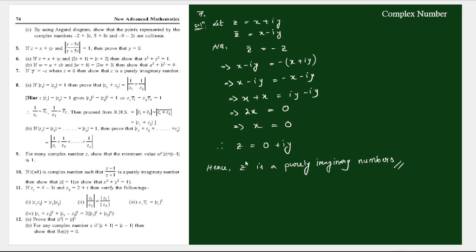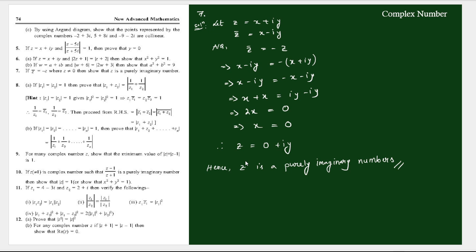Okay, what is the hint given? So their square also will give us 1, and then square of modulus is z1 times z1 conjugate. From there we will get 1 by z1 equal to z1 conjugate. Again 1 by z2 will be z2 conjugate.